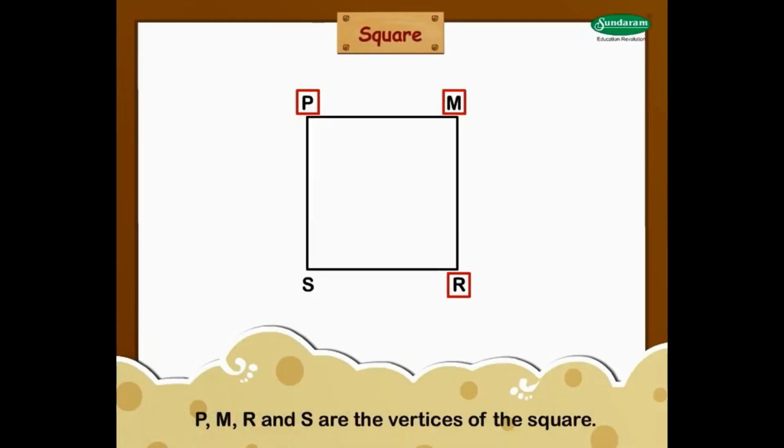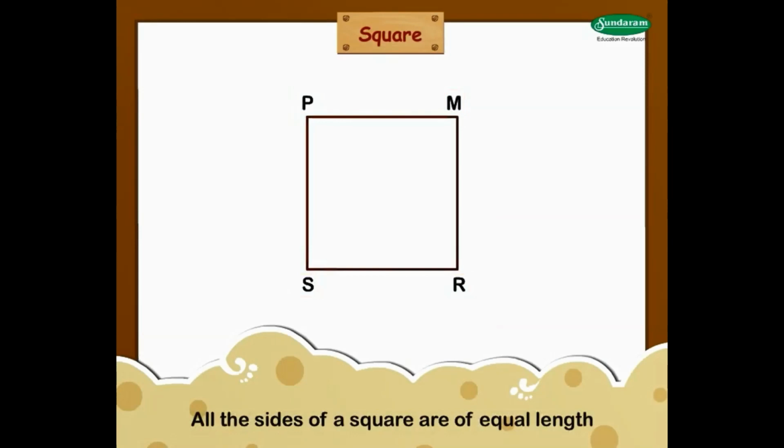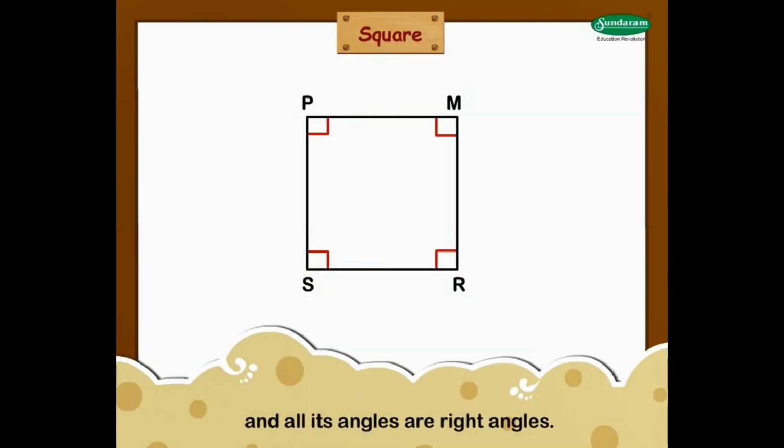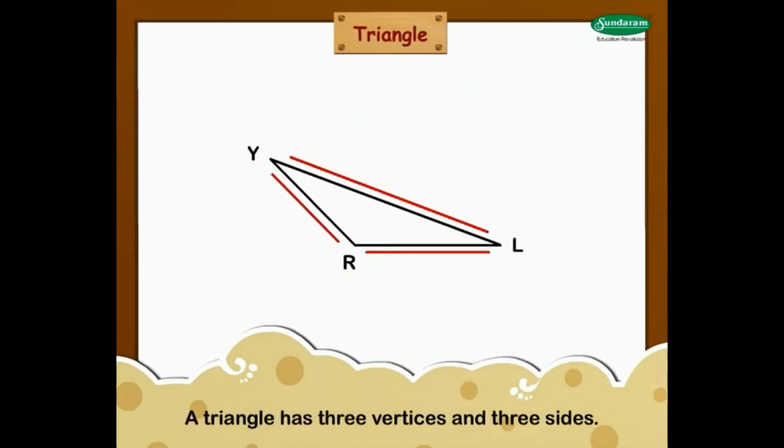And S are the vertices of the square. All the sides of a square are of equal length and all its angles are right angles. Triangle. A triangle has 3 vertices and 3 sides.